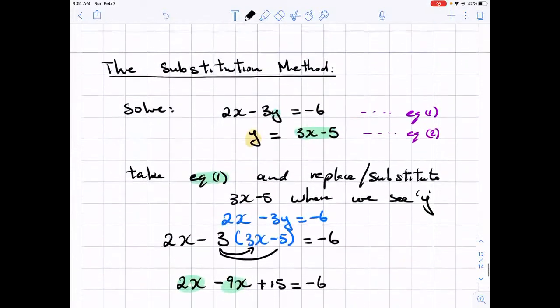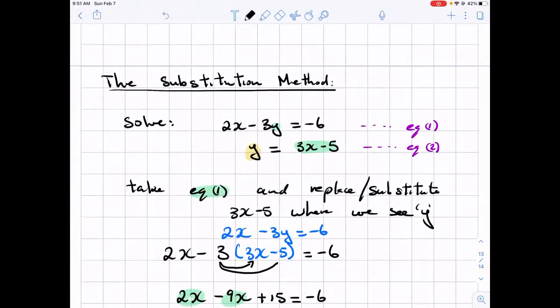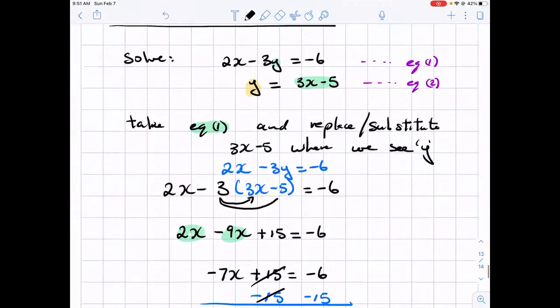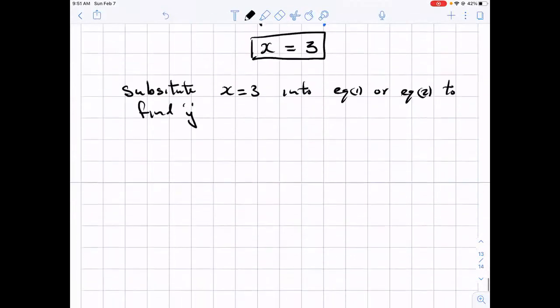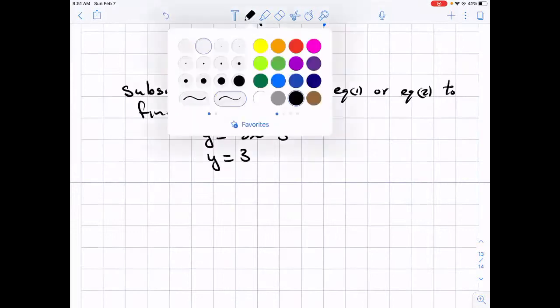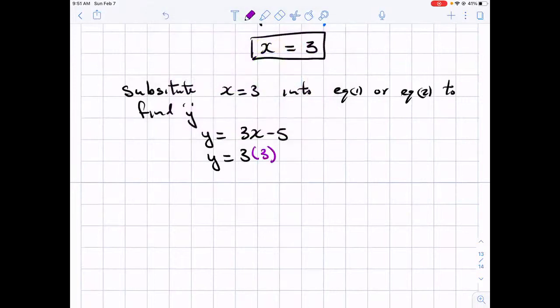So you have to decide, do you want to pick equation 1 or equation 2? Clearly, equation 2 seems to be easier. y equals 3x minus 5. And x is 3. So y is equal to 3, instead of x I will write 3.